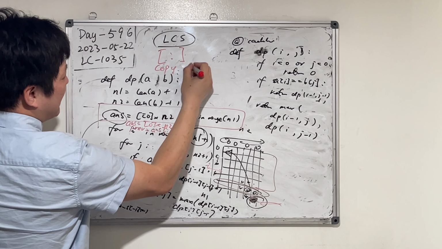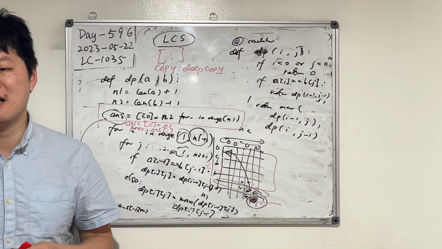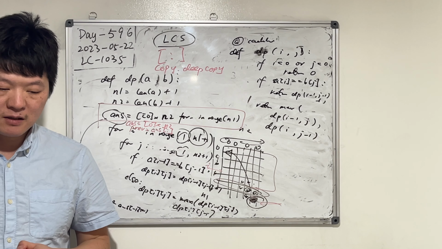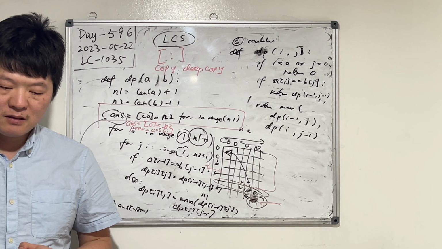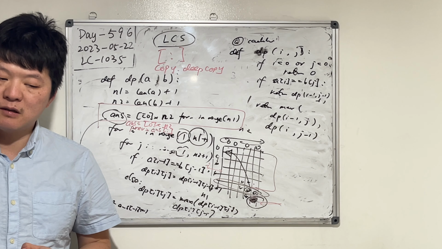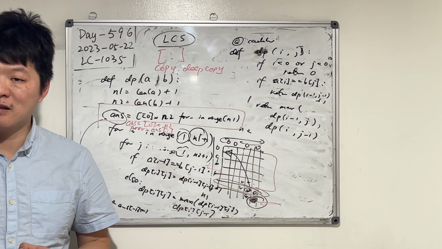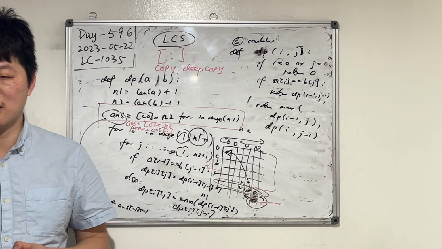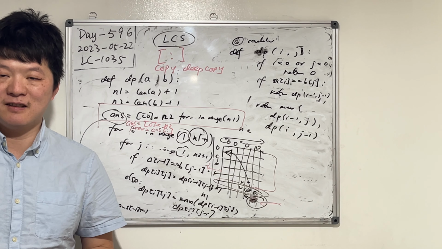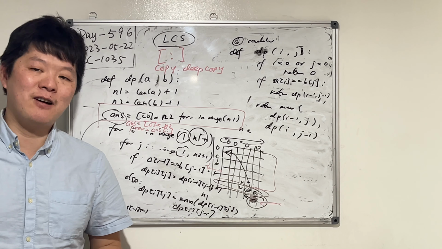What's deep copy? What's shallow copy? Any idea? What's the difference between copy, deep copy and shallow copy? I think you said that for the shallow copy, the values are like an alias. Yes, alias, not aliens.